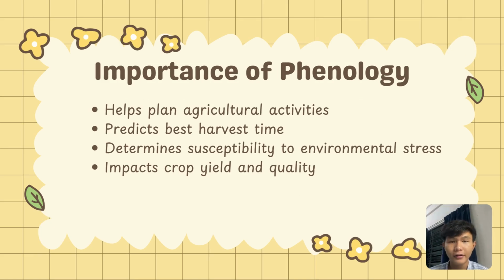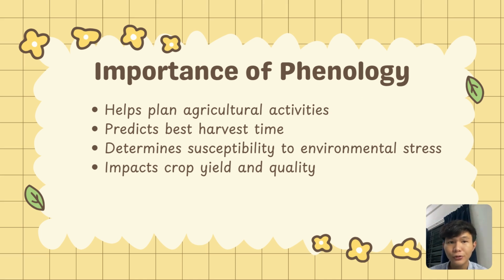So, what is the importance of phenology? Phenology is not just for scientists. It is also very important for farmers and agricultural planning. The first importance is that it helps decide the best time to plant or harvest. Other than that, it also allows us to predict yields.